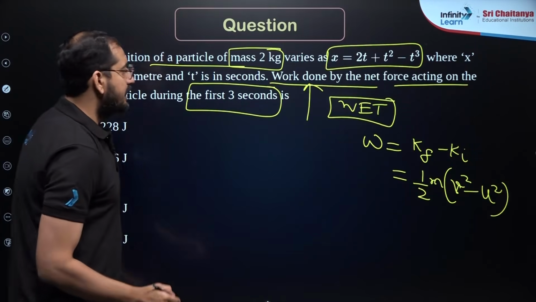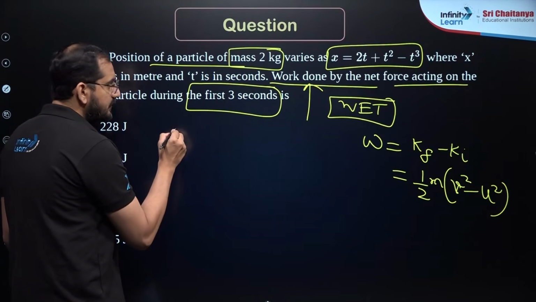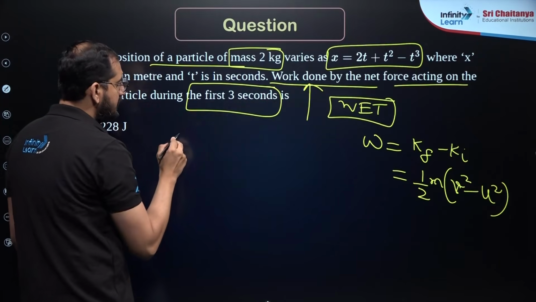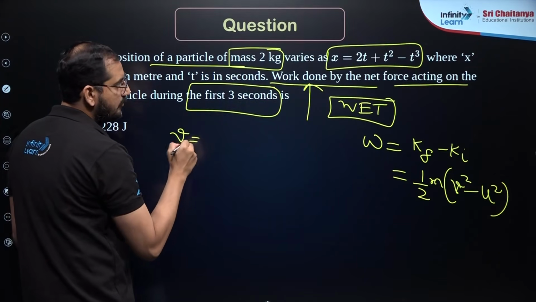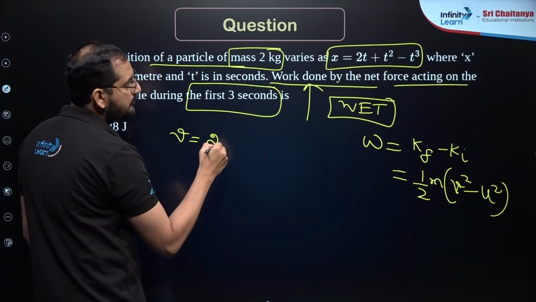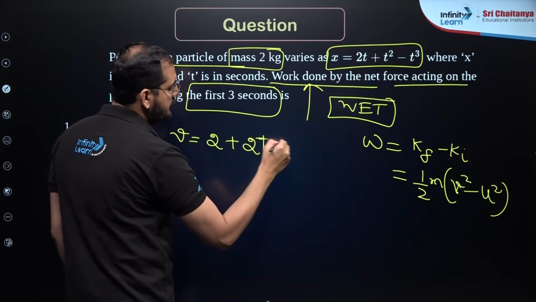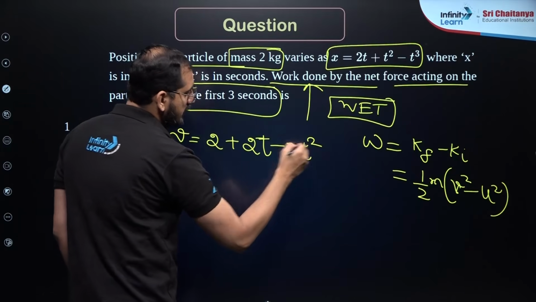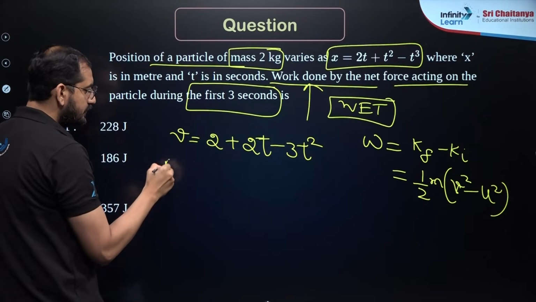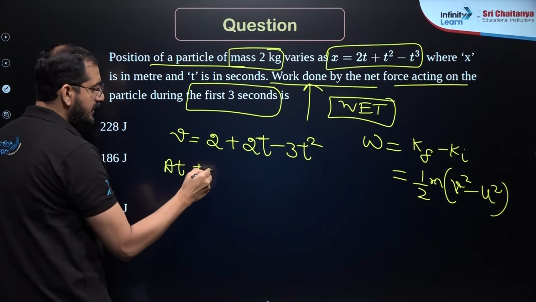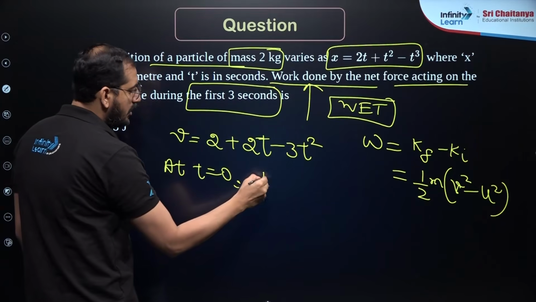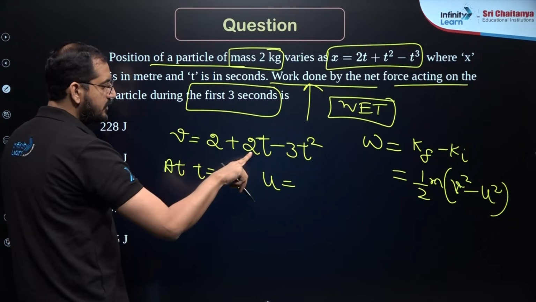So what I am going to do is, let's differentiate this x. We'll get v is equal to 2 plus 2t minus 3t square. Initially at t equal to 0, what is my initial speed?